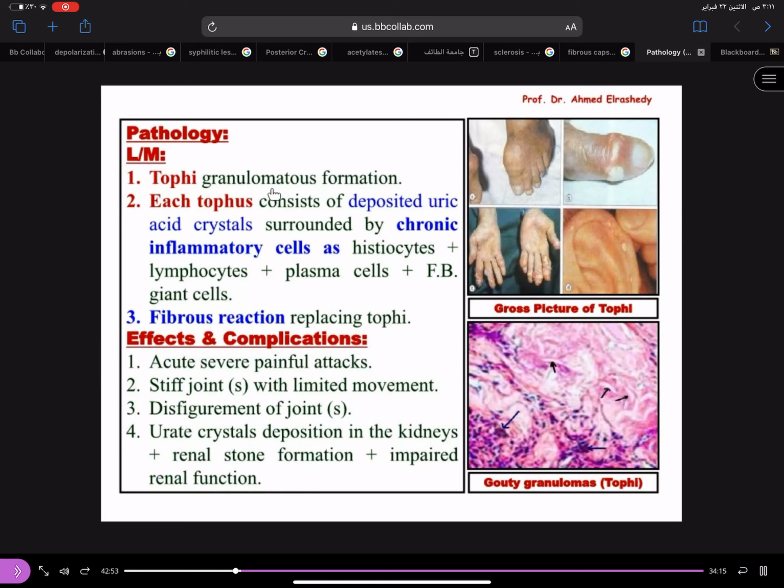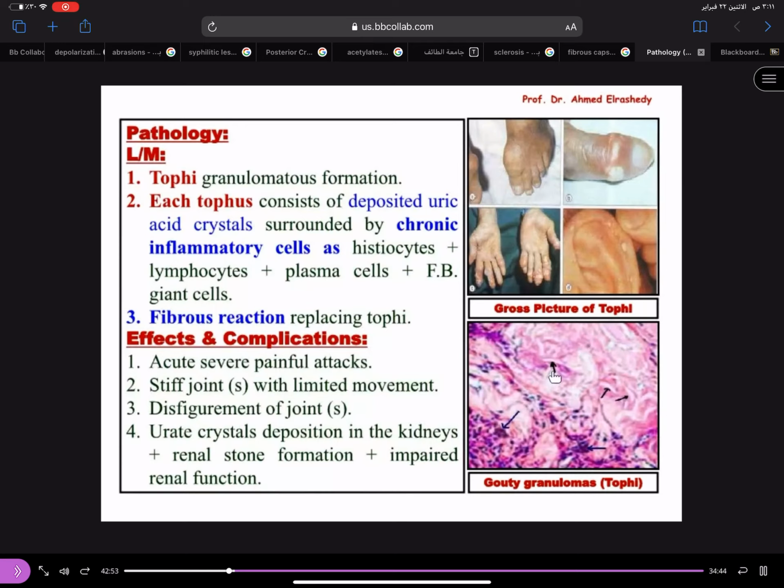As we discussed, chronic inflammation can occur if not treated, and these crystals deposit under the skin also. So a granuloma is formed. What is a granuloma? This is the description: uric acid crystals surrounded by inflammatory cells, lymphocytes, giant cells. So this area with crystals is surrounded by lymphocytes. This is the chronic form.